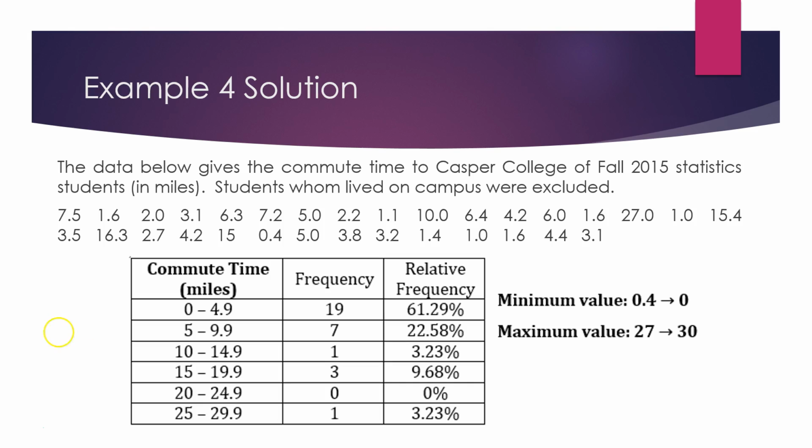I set up my class start by using my width of 5, so the lower class limits skipped by 5s. If this ended with 4, anything that was in between 4 and 5 wouldn't have a place to go in this distribution. The easiest way to straighten that out is to just add a 0.9, so we make sure that we include everything.